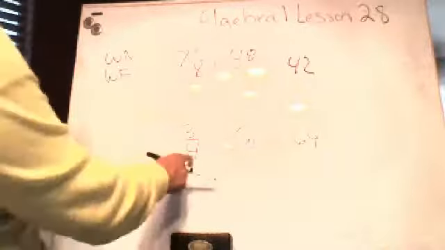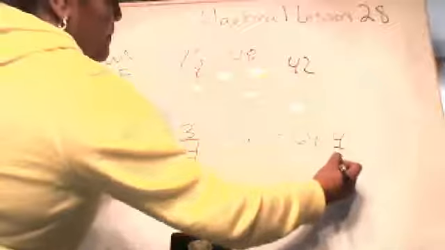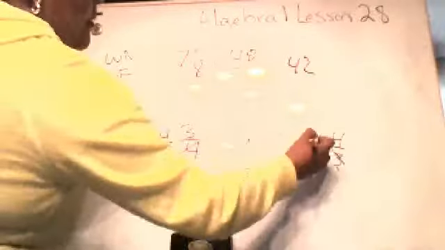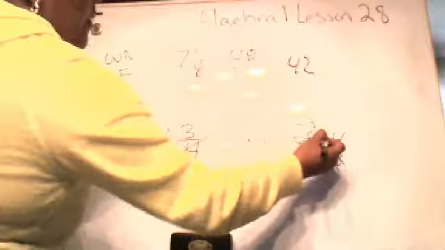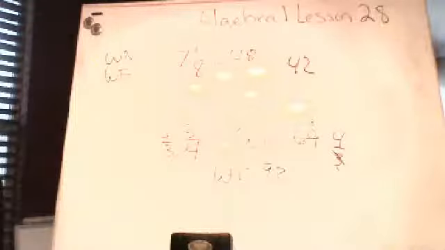Basically, we're solving for WN, so we multiply both sides by 3/4's reciprocal, and we get WN equals 23 times 4, which is 92.